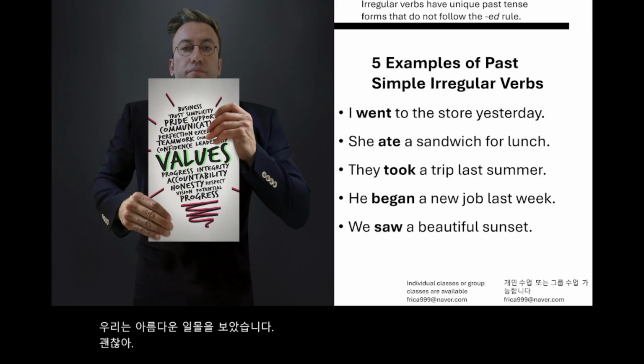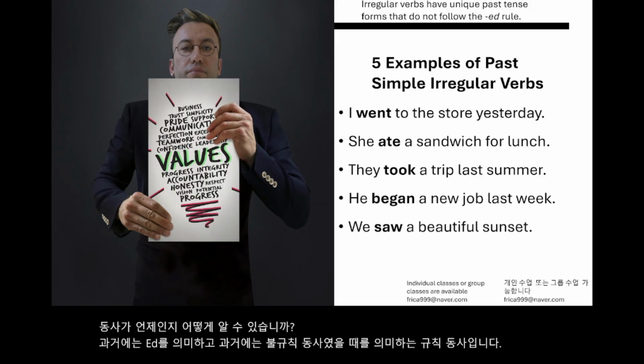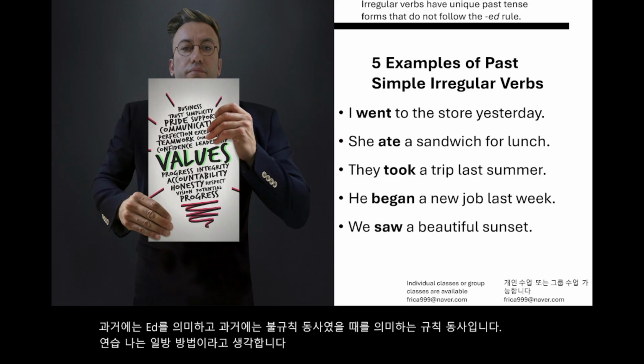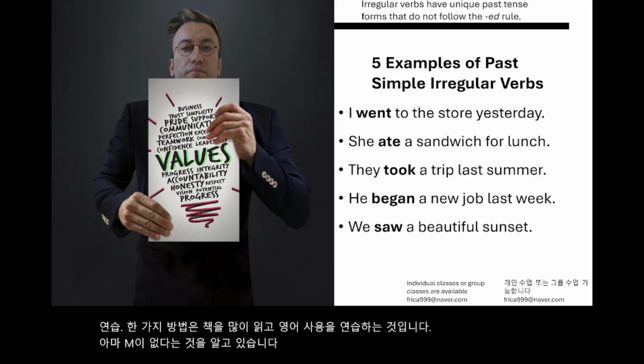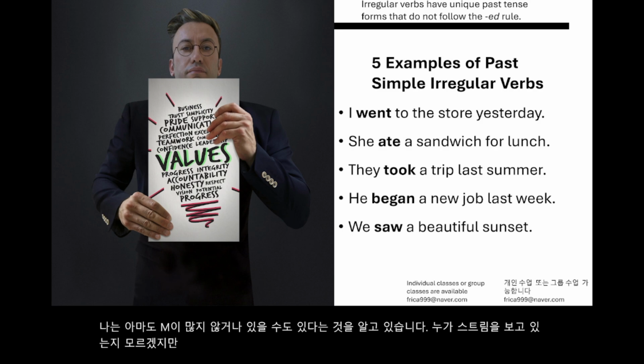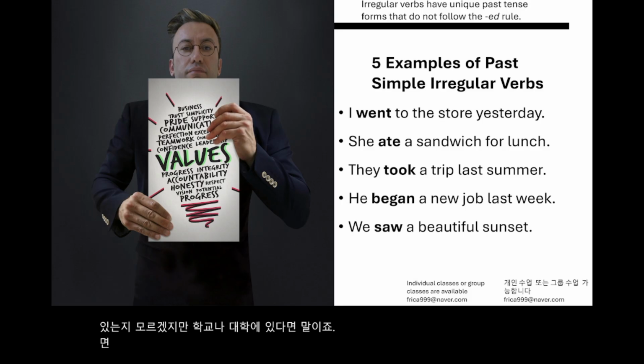How do you know when a verb is a regular verb, meaning -ed in the past, and when it's an irregular verb in the past? Practice. I guess one way would be reading a lot and practicing using English. If you're at a school or university and there isn't an English club, maybe you can start one.